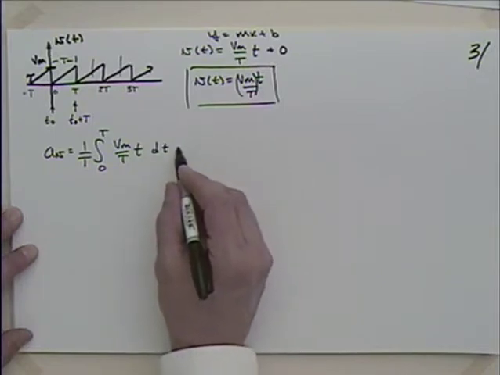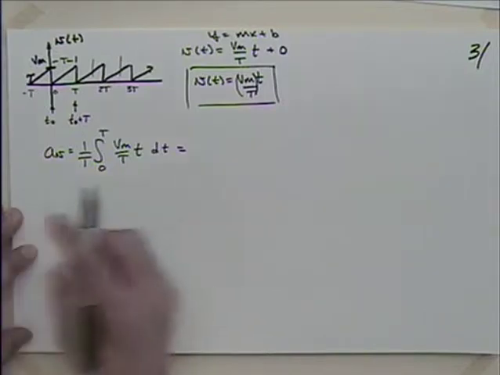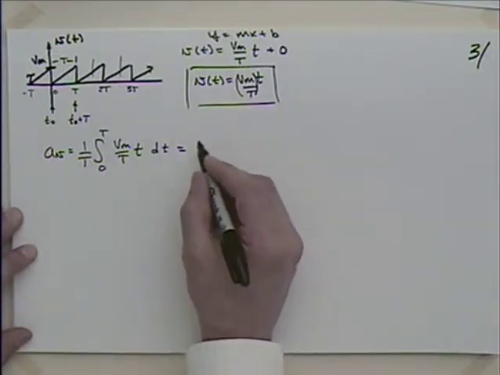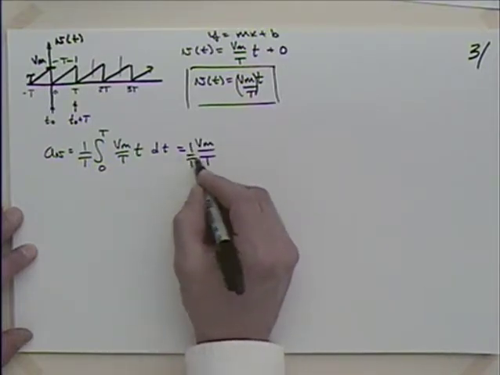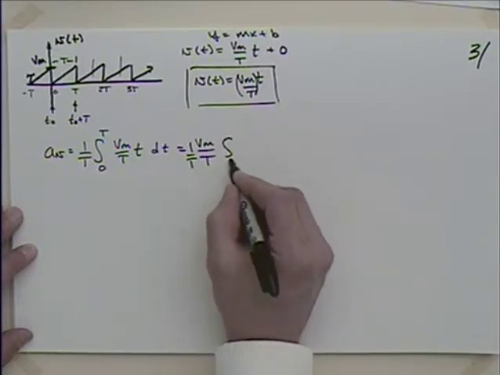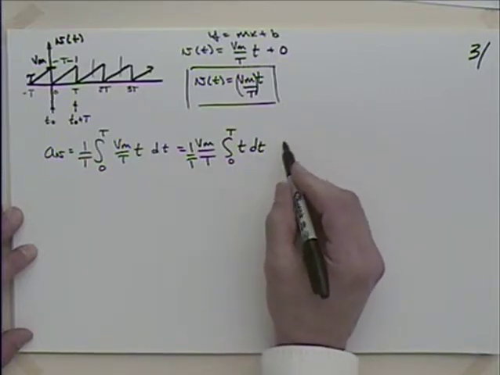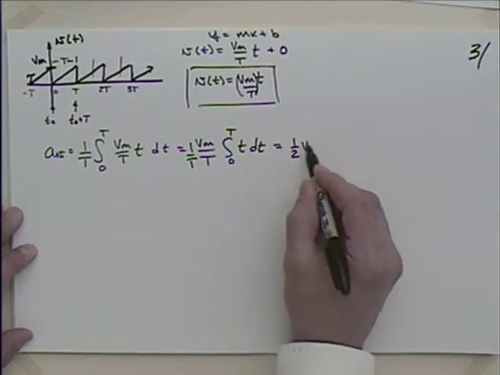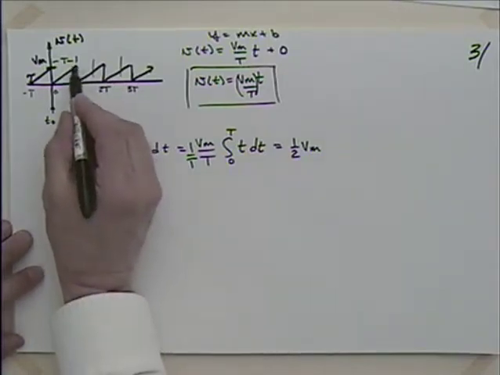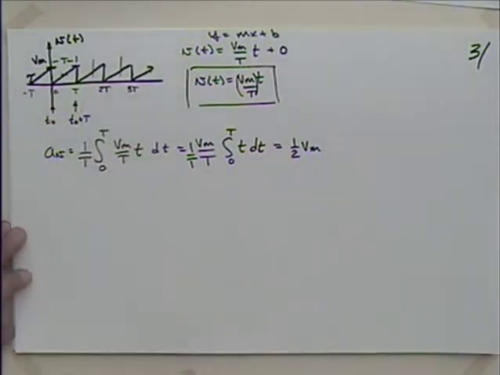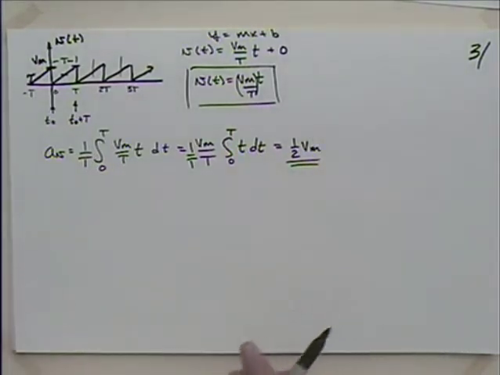Vm over T is a constant, so I have Vm over T, and 1 over T, and the integral from 0 to T of t dt, which gives me 1/2 Vm. I think a lot of you would have predicted that. If this value is Vm up here, the average value is halfway up there, isn't it? So that's our average value.